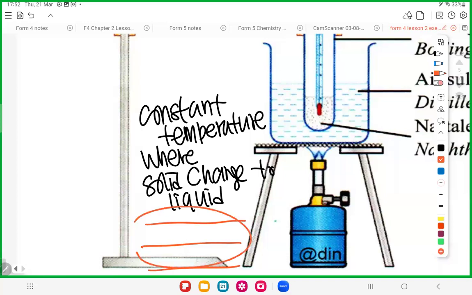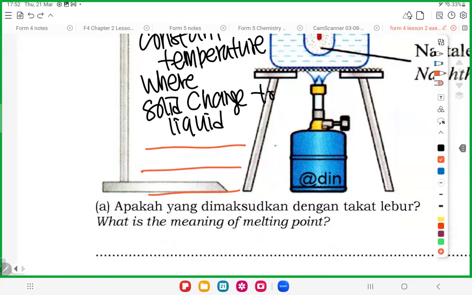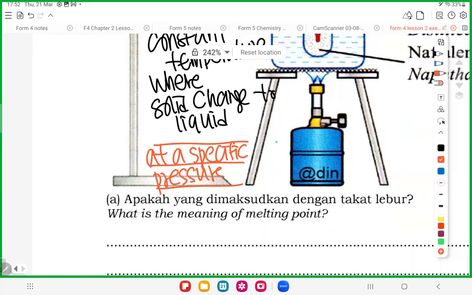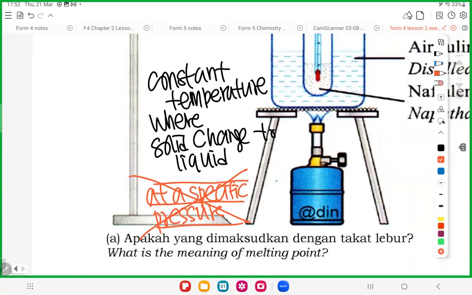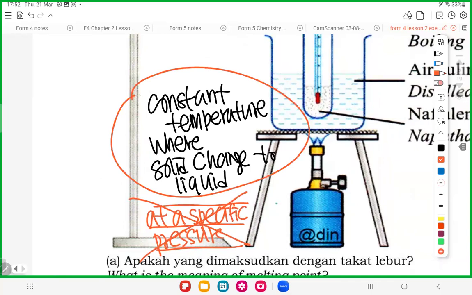There are a few more things we need to write here. Anyone remember what it is? At a specific pressure. So you need to mention pressure. If you forgot to write the pressure and you only write melting point is a temperature where solid changes to liquid, you get 0.